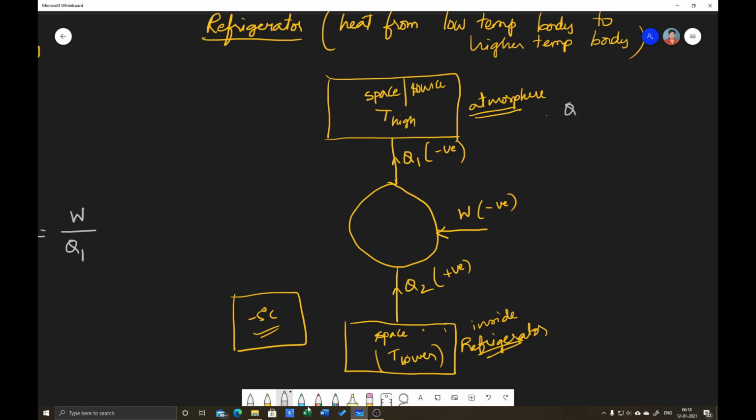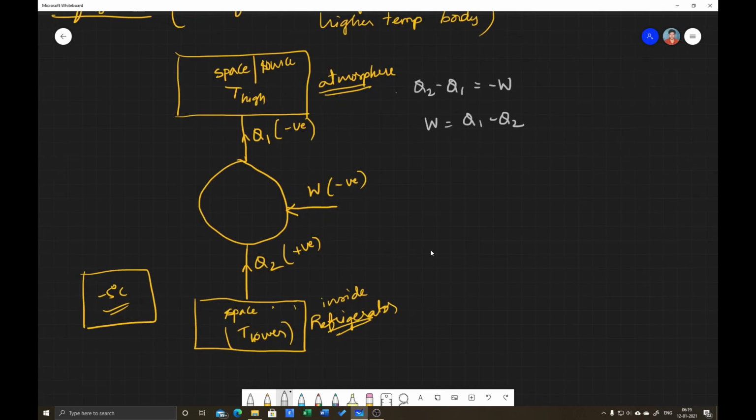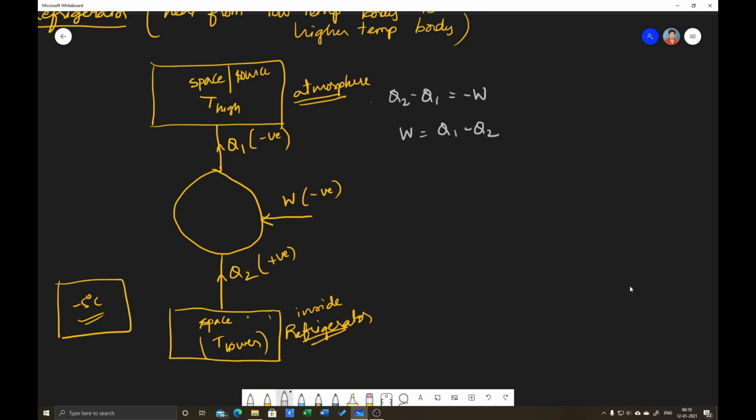So from the first law you can say that Q2 minus Q1 is equal to minus W, or W is equal to Q1 minus Q2. For a refrigerator, we won't calculate efficiency. We will calculate the coefficient of performance, COP.